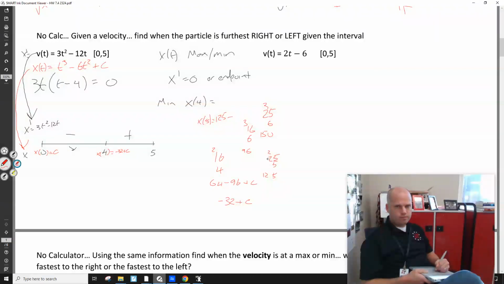Oh yeah, an extra 25. 150. So I have, I did not give you the easiest position functions. 125 minus 150 plus c. So that's negative 25 plus c.